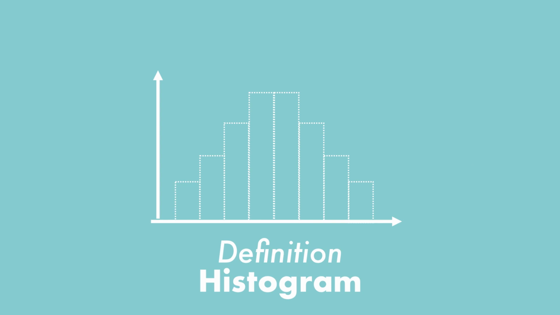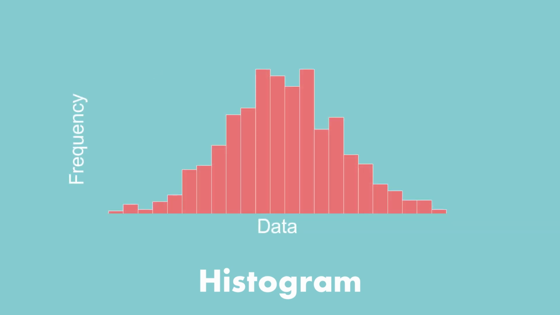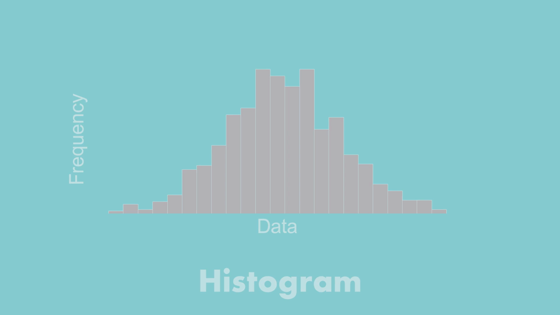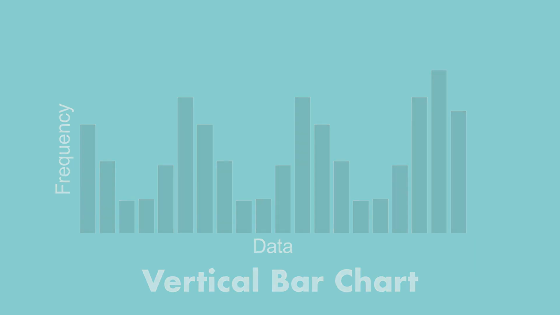Do you remember what a histogram is? Well, in very simple terms, a histogram is a graph that shows you the frequency, the number of different numerical values. It is only applied to numerical data, again, using vertical rectangles. Because we use these rectangles, the graph is very similar to a bar chart, a vertical bar chart.